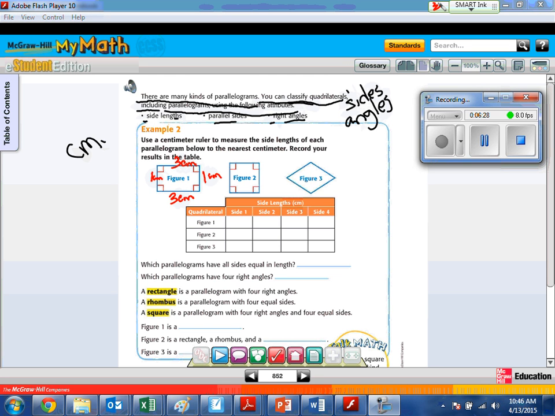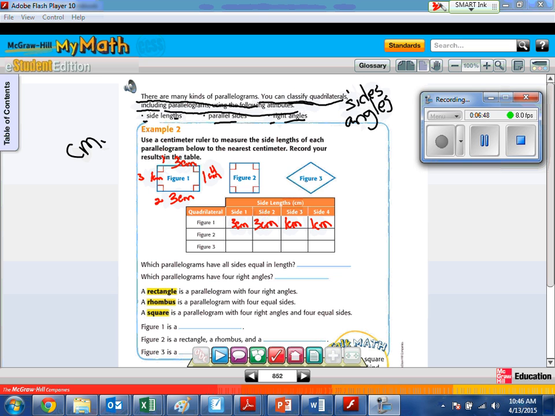So now, we come over to our side length. Side 1, we'll call this top one side 1, 3 centimeters. Side 2, we'll call that one 3 centimeters. We'll say side 3 and side 4 will be 1 centimeter, 1 centimeter.